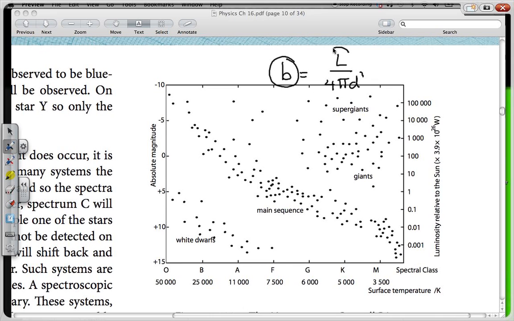We can get the luminosity from our Hertzsprung-Russell diagram. We can calculate an idea of the distance that the star is away from us. So it's a good way to measure how far a particular star is away from us.